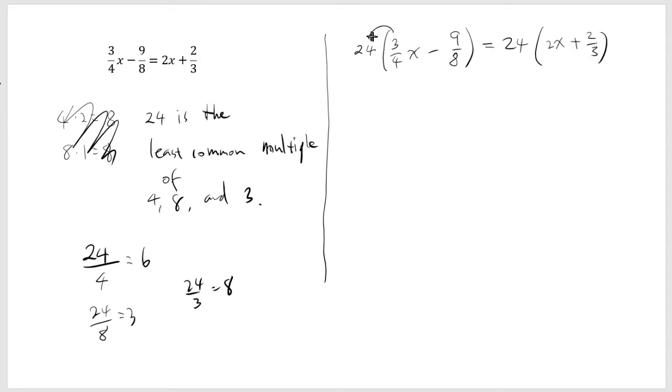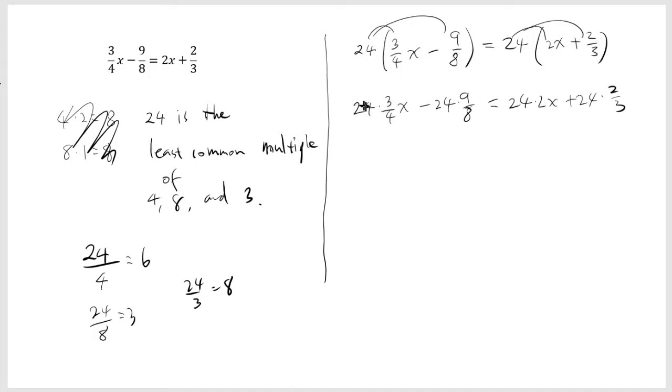Right, so let's multiply them, and here we have 24 times 3 over 4x minus 24 times 9 over 8 equals 24 times 2x plus 24 times 2 over 3. Okay, now how do you multiply 24 times 3 over 4? You were told that when you multiply an integer by a fraction, it only gets multiplied to the top, right?